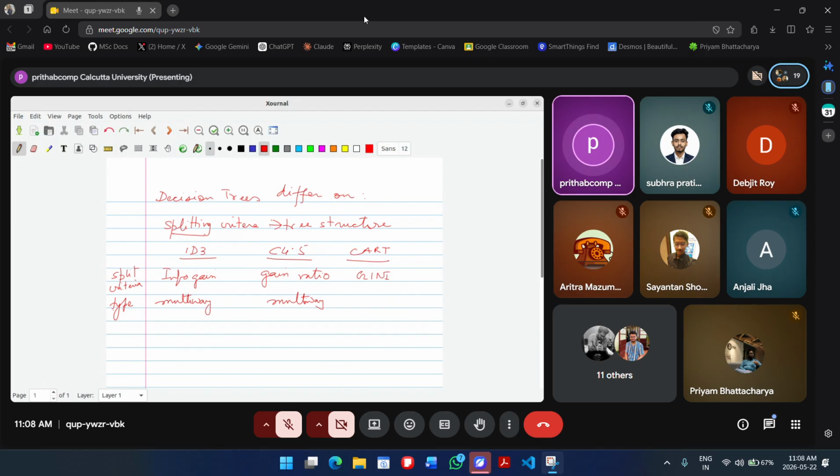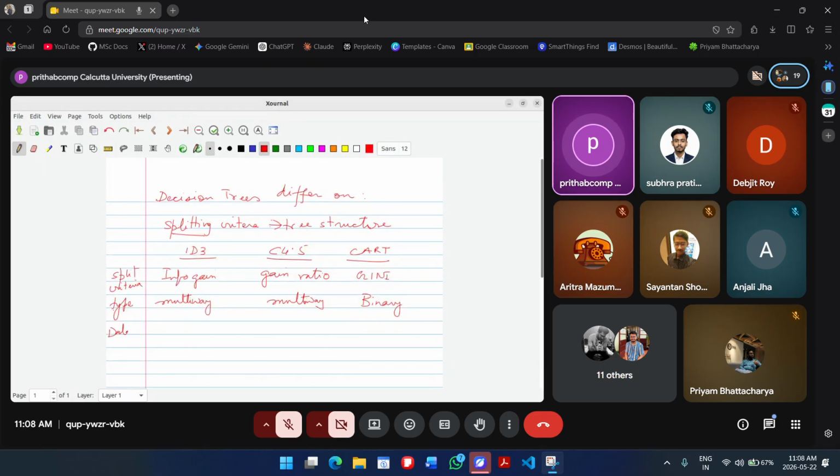For different types of classes, we are getting different branches. If there are 3 different types like low, medium, high, then we are getting 3 branches, right? Here in CART it is typically binary. The split type is binary. We ask questions and get true or false kind of answers. So that is one difference.